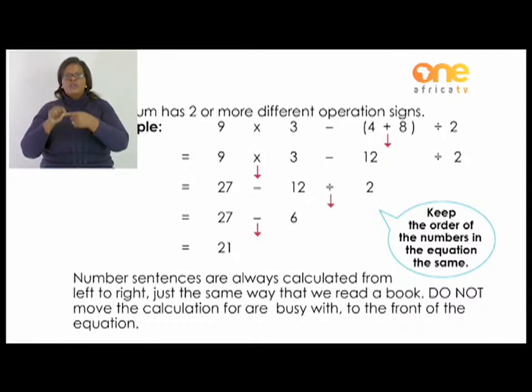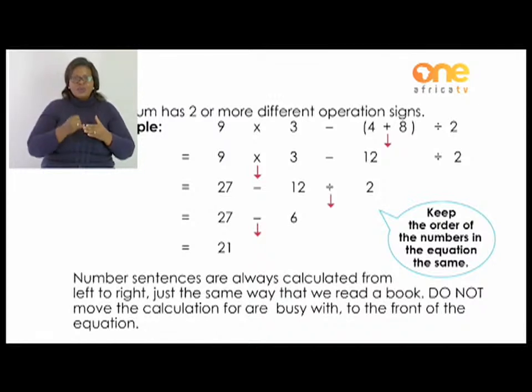We continue. Still according to BODMAS, the next operation will then be division. So I rewrite everything that I have there. 27, and the answer to 12 divided by 2 is 6. And my last step is when I finalize my operation.